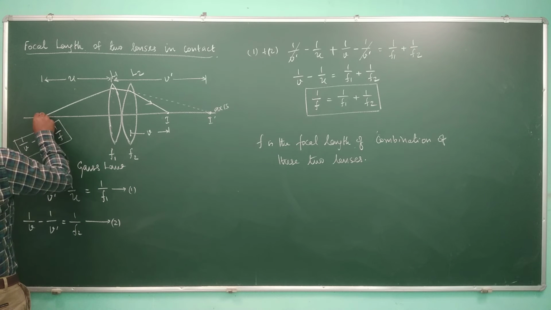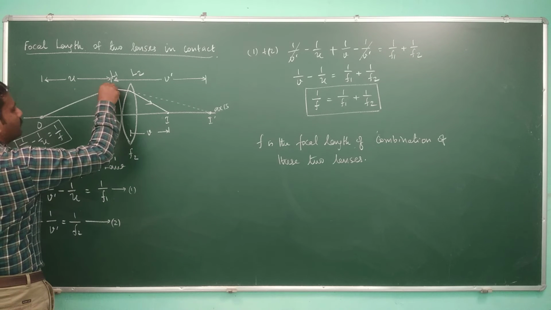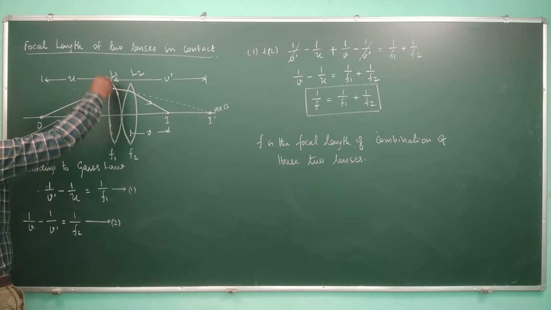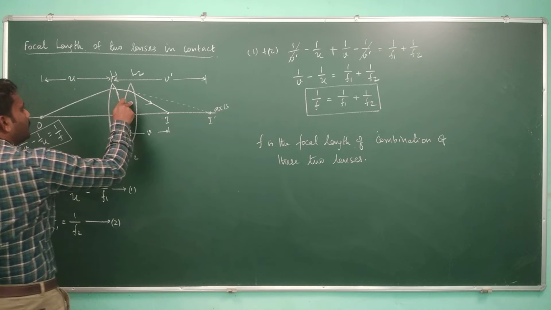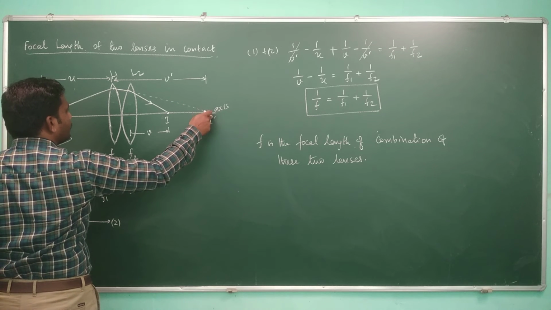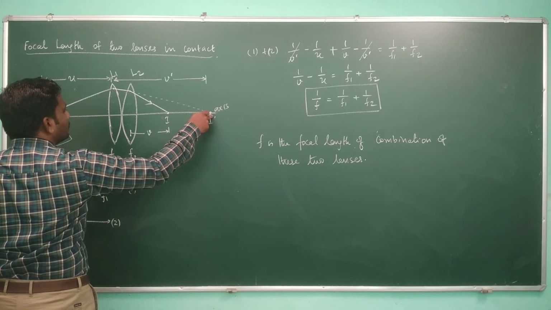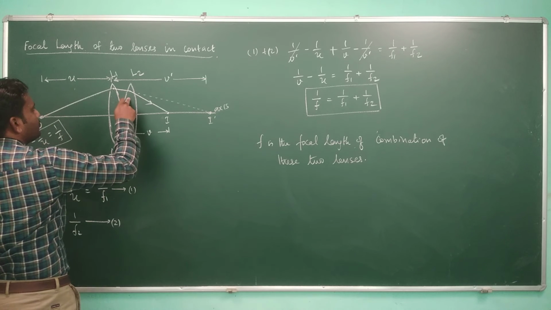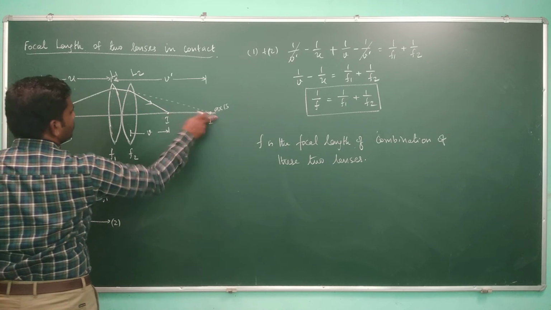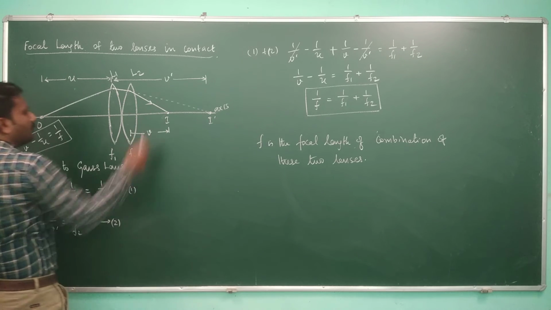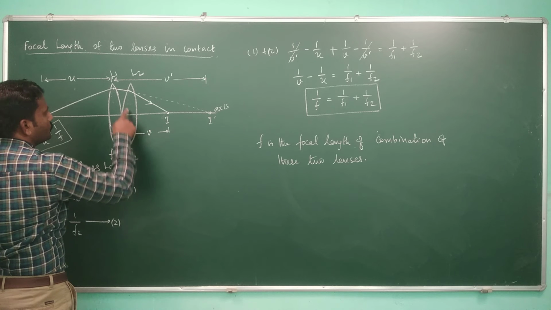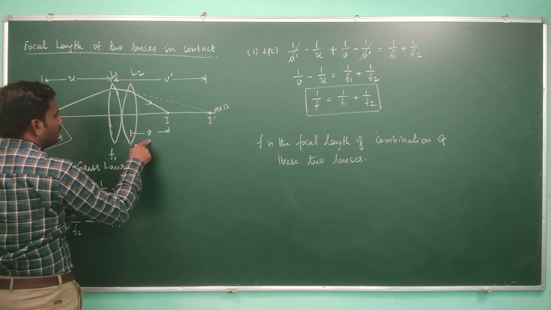A light ray coming from O will strike the first lens at this point. If there is no second lens here, it will create an image here. This image will serve as a virtual object to the second lens, and the second lens focuses this image into this point I. Now the distance between this I and the optical center of the second lens is v.